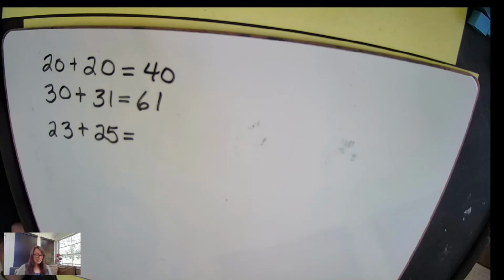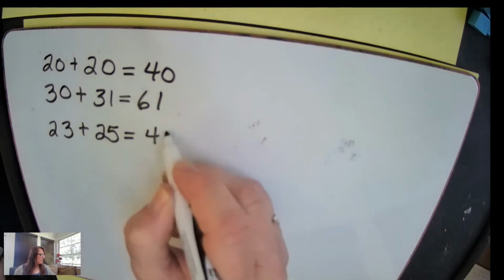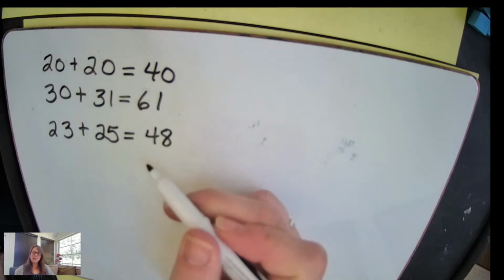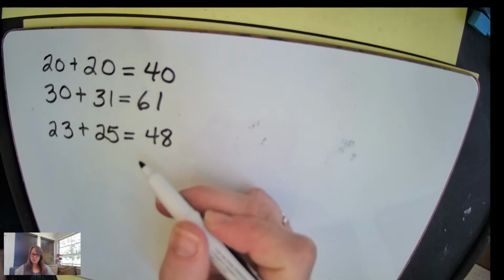Stacy says that she thinks the answer to 23 plus 25 is 48. Do we agree or disagree with Stacy's answer of 48? I see that everybody agrees. Stacy, talk to me about how you thought about this problem.